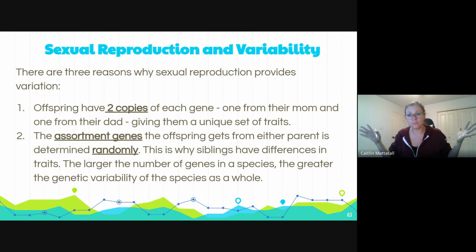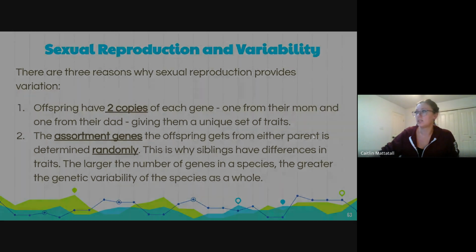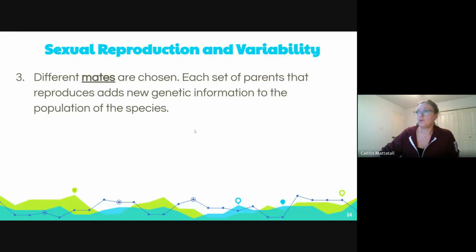And then when we mush those 2 copies together, depending on if you have dominant genes or recessive genes, that is going to impact which traits you have in your DNA and which traits you're going to express. So you get 2 copies, and it is random as to which copies you get. And then lastly, you are choosing who you decide to have offspring with.